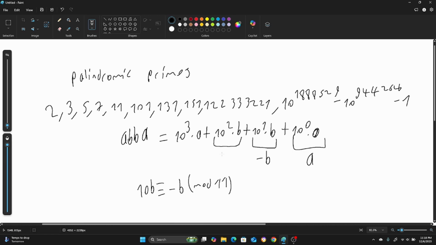This thing is gonna be B mod 11, and this thing is gonna be minus A mod 11. And when you add these up, they all cancel each other, meaning we get 0, and 11 divides 0, so this number is divisible by 11 for any even-length palindromic number bigger than 11. That's why the palindromic primes are gonna be odd length.